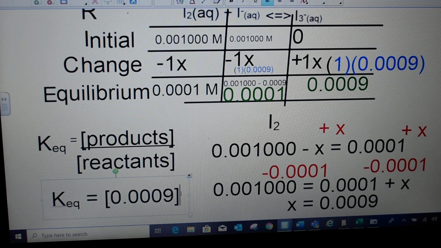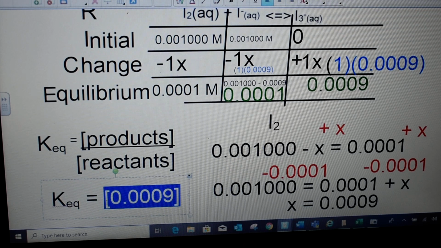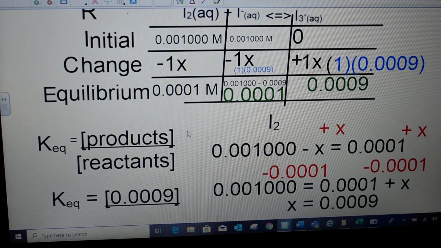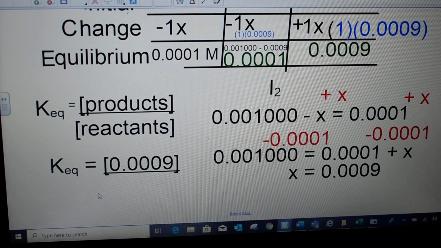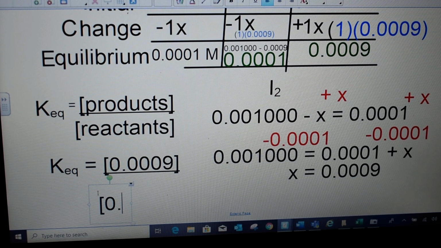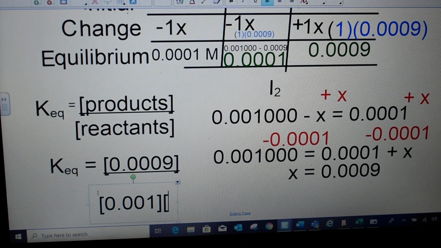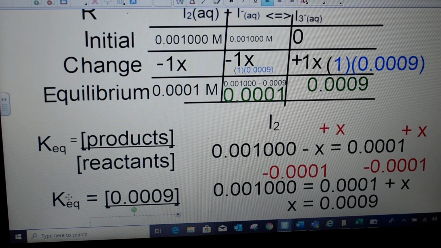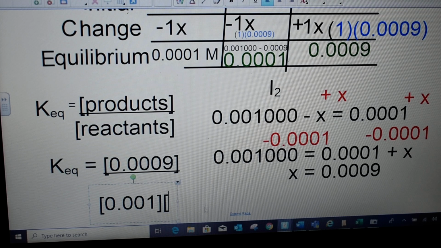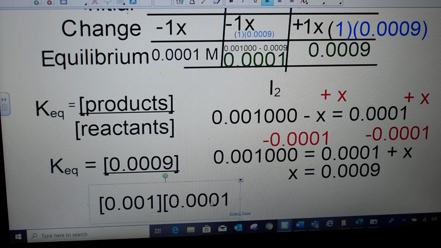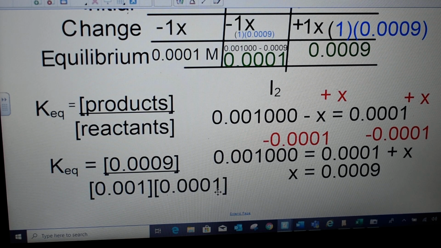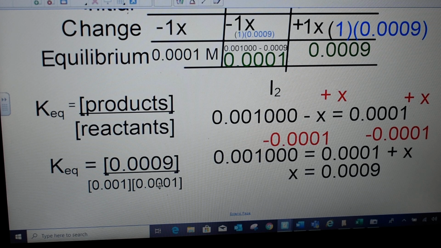And I'm going to put that over the product of my reactants, which in this case is going to be 0.001 times the concentration of my, so these are my two reactants, my iodine and my I minus. There we go. So that's my denominator.